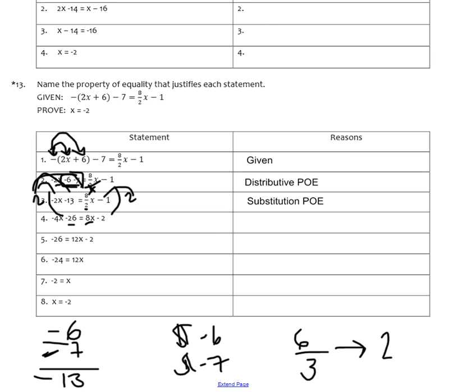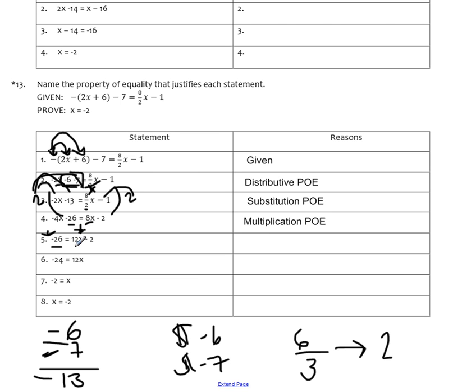So we have multiplied. All right, how do we get from step 4 to step 5? Well, the negative 4x has disappeared from the left-hand side. The negative 26 stayed the same. So one thing disappeared, one thing stayed the same. That means we're not dealing with division or multiplication. We're either dealing with addition or subtraction. The 8x has increased.